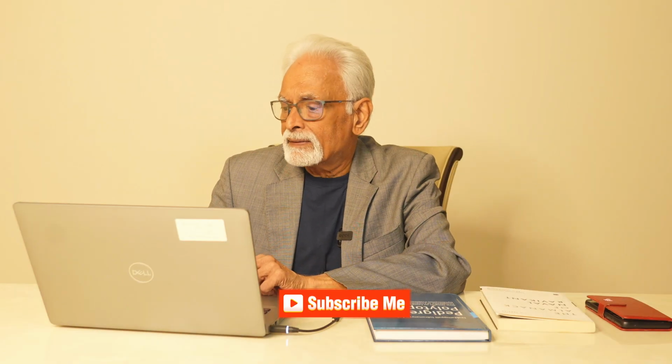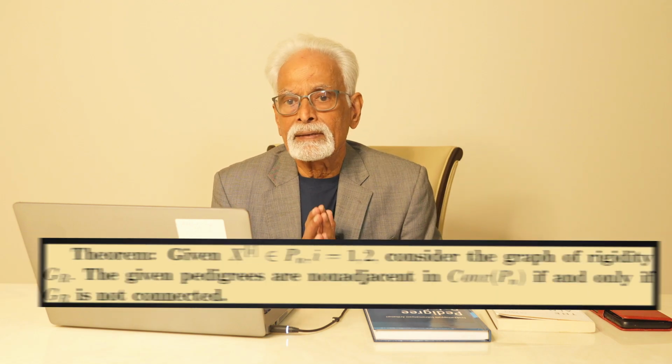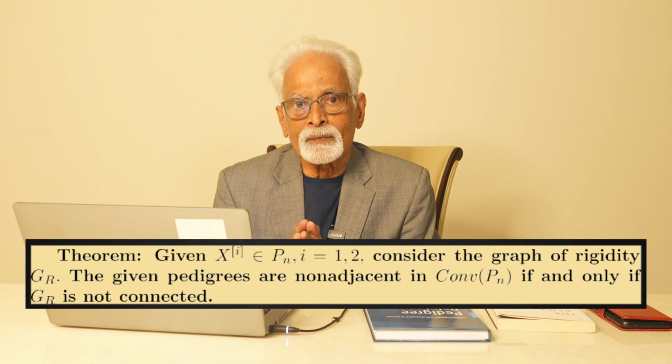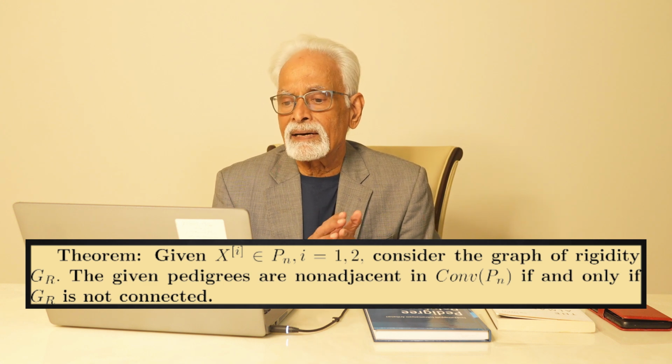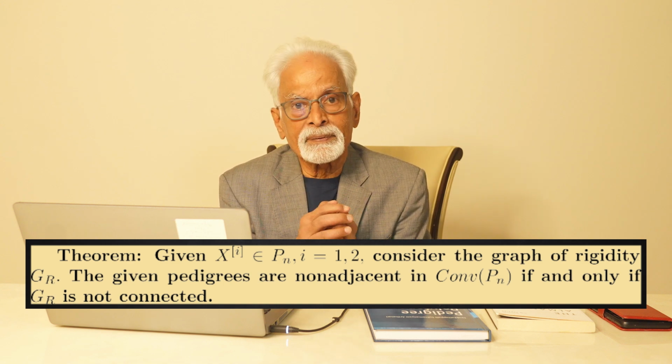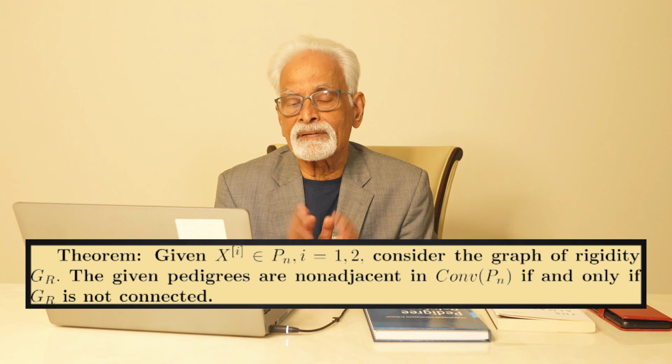You have some more examples discussed in chapter 4. So the main result, as I just want to recall, is that given X1, X2 belonging to Pn, consider the graph of rigidity GR. The given pedigrees are non-adjacent in convex Pn if and only if GR is not connected.